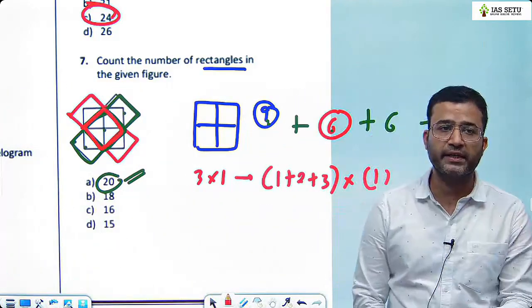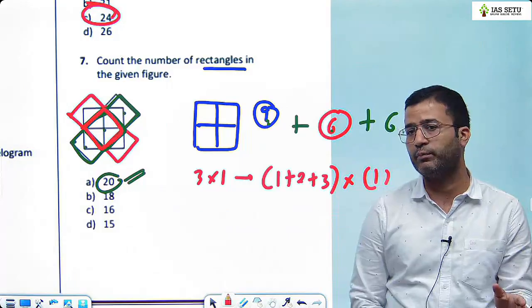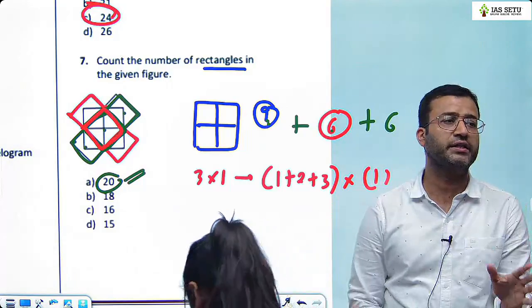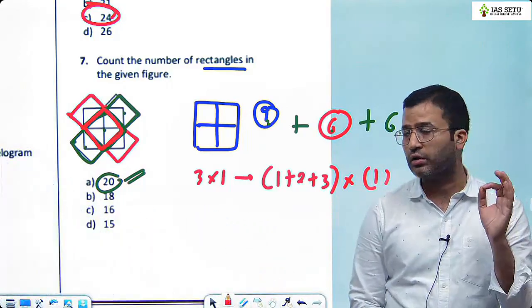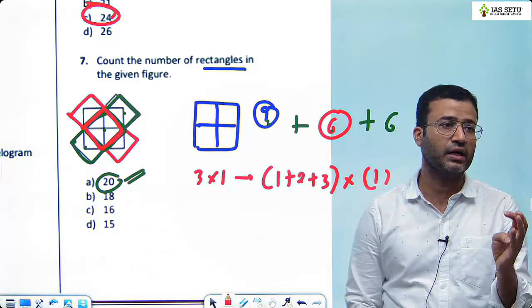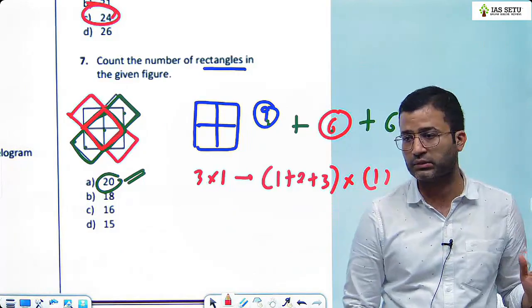From indiabix.com or maybe from any of the book, you practice nearly 30 question on counting of squares, rectangle, parallelogram, rhombus.